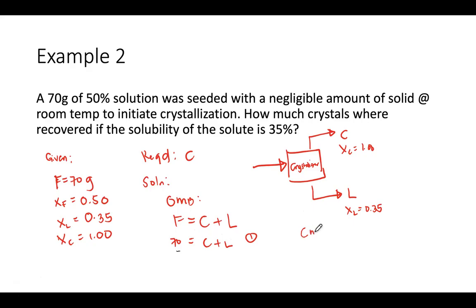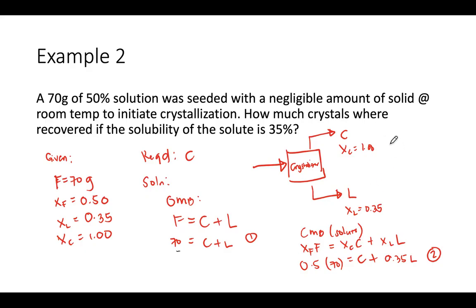Second equation, component mass balance in terms of solute. You have XF times F is equal to XC times C plus XL times L. XF is 0.5, F is 70, equal to XC is 1 times C plus XL is 0.35 times L. You have two equations, two unknowns.